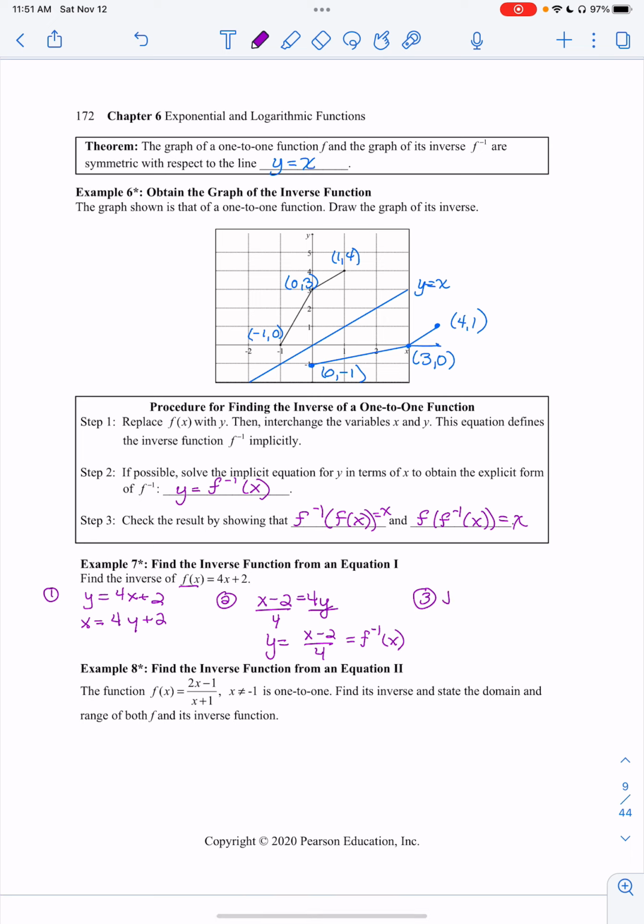I'm going to find f inverse of f of x, and that's going to be equal to f inverse of 4x plus 2, because that was our original function right here. So that's f of x, which is equal to 4x plus 2 minus 2 all over 4. So I have the plus 2 and the minus 2, so I'll have 4x over 4 equals x.